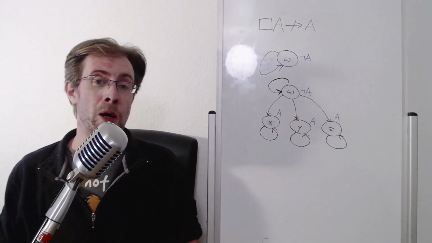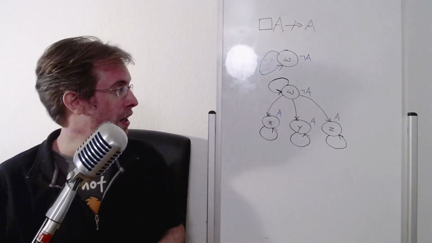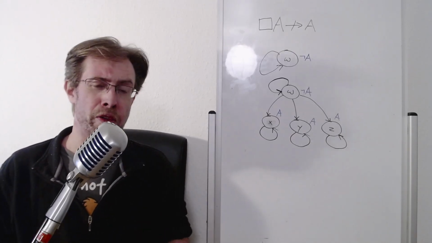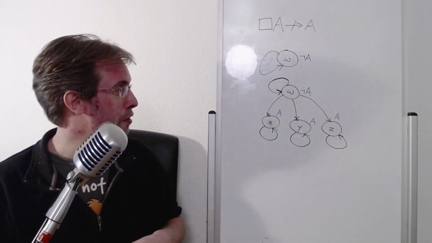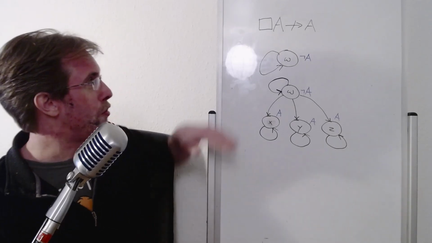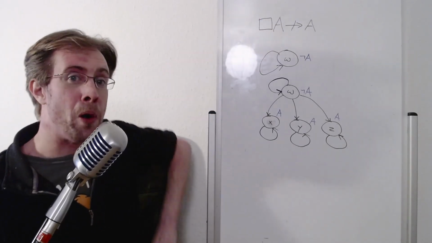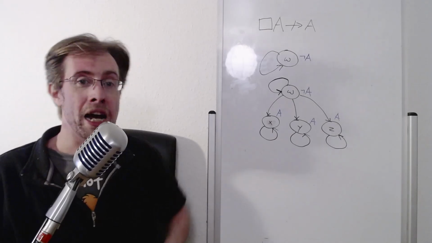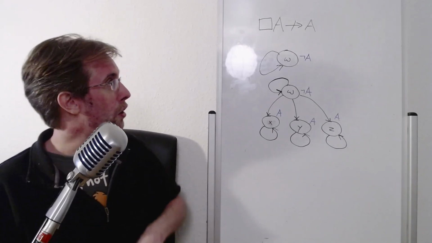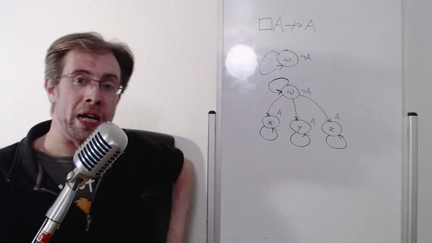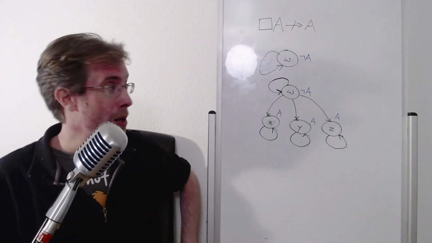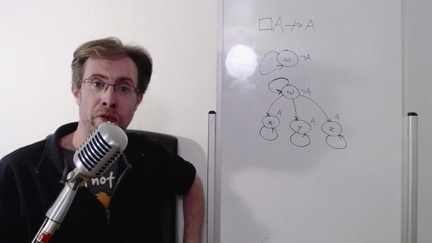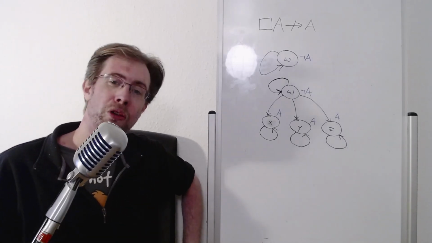And in fact, we'll see quite shortly that if you add these self loops, and that makes the frame what we call reflexive, then that completely gets rid of all the instances where box A does not imply A. In fact, you can go further and show that this formula, box A implies A, is valid in a frame if and only if every state in the frame has one of these self loops. So let's go and have a look at that now.